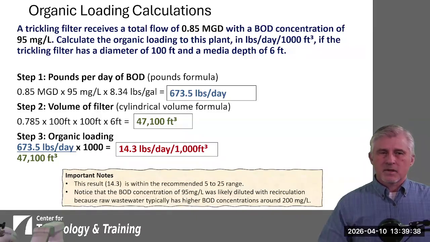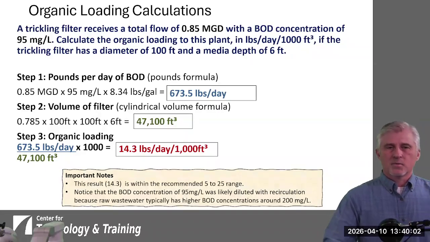And I noticed that I had mentioned that we can dilute with recirculation water because we don't want those BOD concentrations to be too high. The other thing that's important for recirc water is to make sure that the whole filter is wetted, so none of the filter dries.